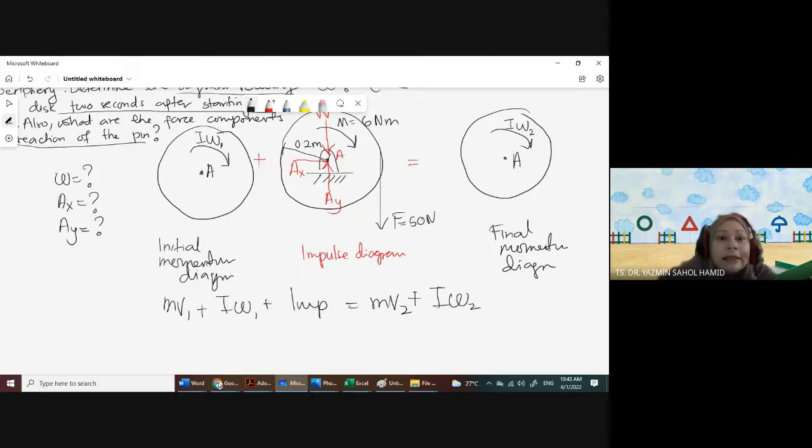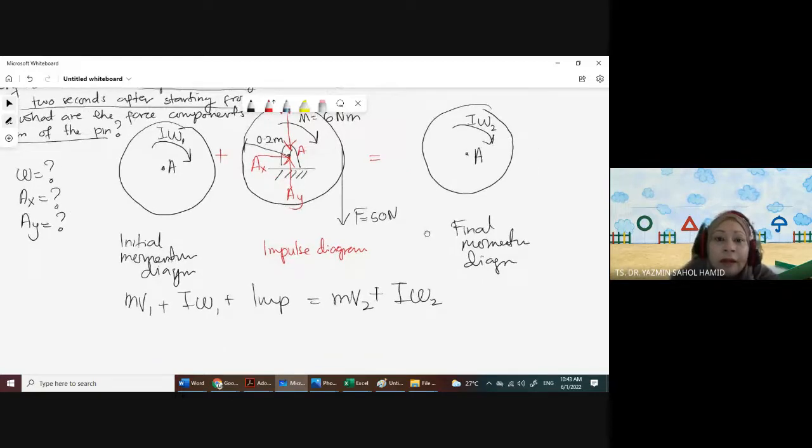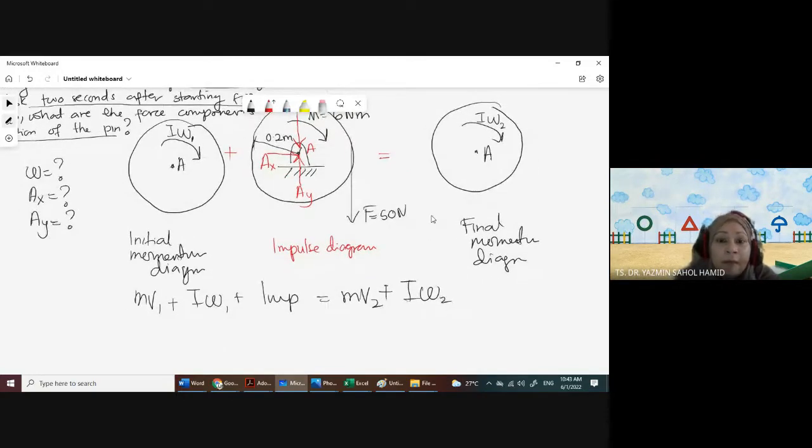Okay, since there's no translation involved, there is no movement involved in this question, so obviously mv adalah kosong lah. But however kita kena tengok based on the direction.